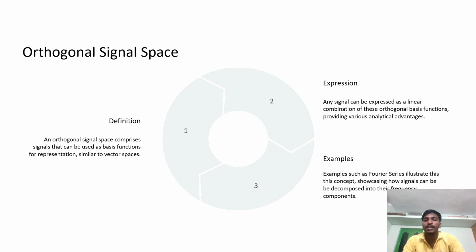Expression: a signal can be expressed as a linear combination of these orthogonal basis functions, providing various analytic advantages. Examples such as Fourier series. This concept showcases how signals can be decomposed into their frequency components.